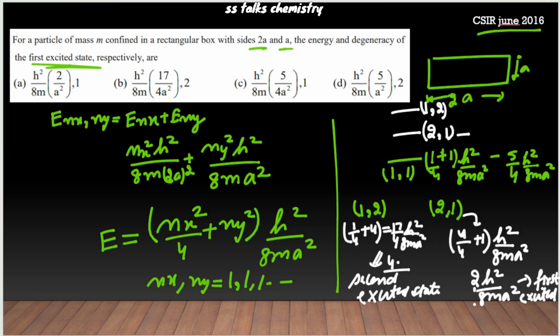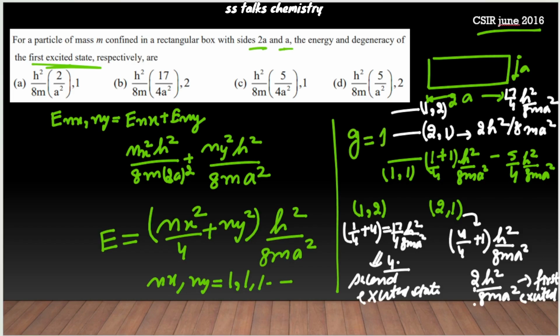For the lower one the energy we have got is 2h square upon 8ma square, and for the other the energy value was 17 upon 4 h square upon 8ma square. Right, so now for the first excited state it is 2, 1 with energy 2h square upon 8ma square, and the degeneracy is 1 only. So you can see 2, 1 and 1, 2 are non-degenerate.